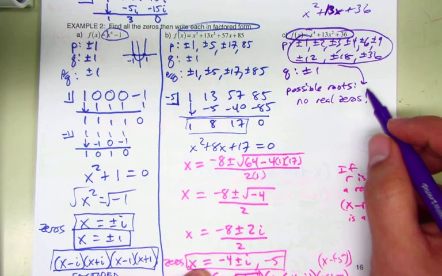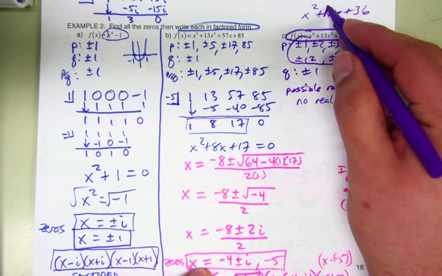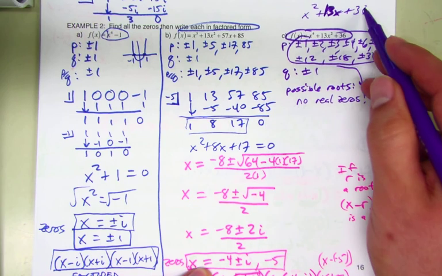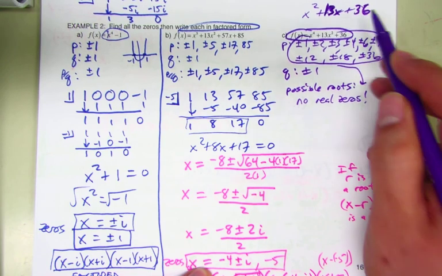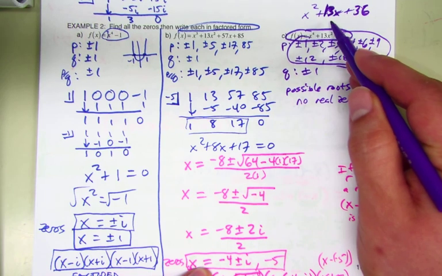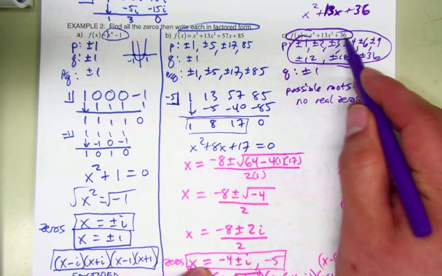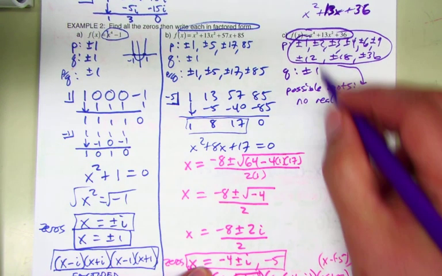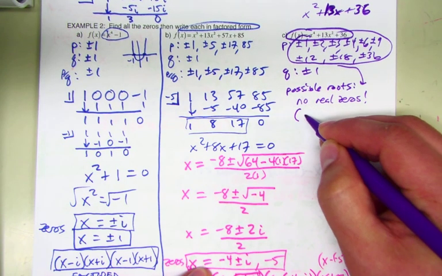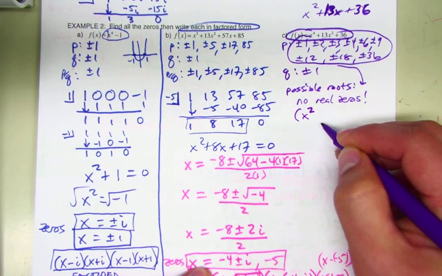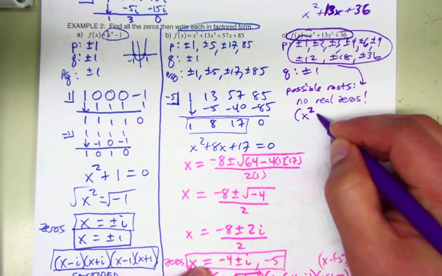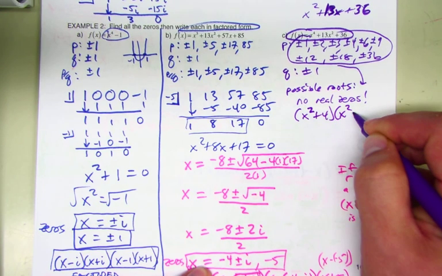That's a 13. 9 and 4 would multiply to 36 and also add up to 13, right? We're going to try that here. But because it's x to the 4, we're going to make it x squared instead of x. x squared plus 4, and then x squared plus 9.